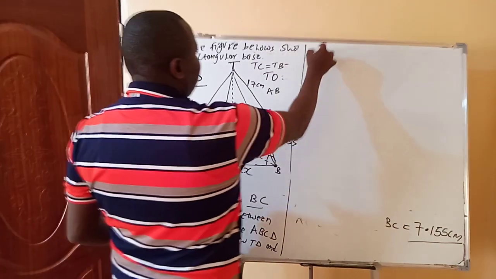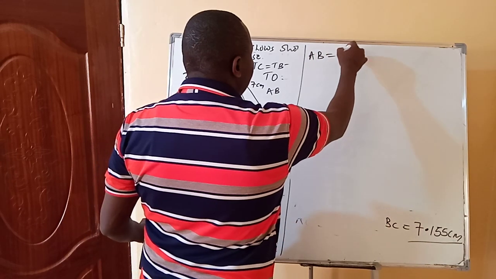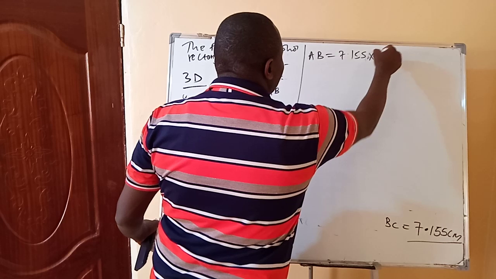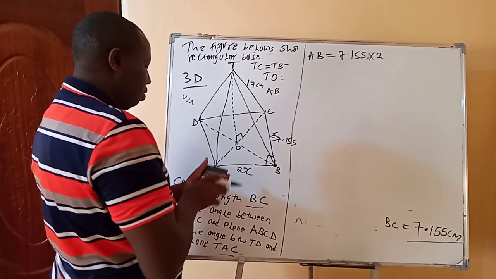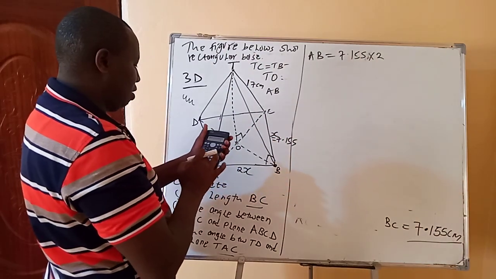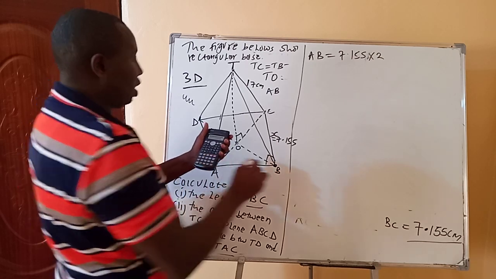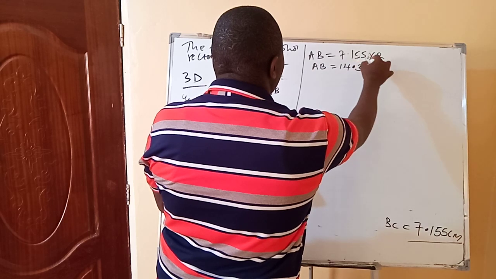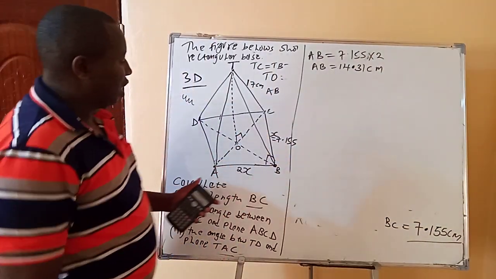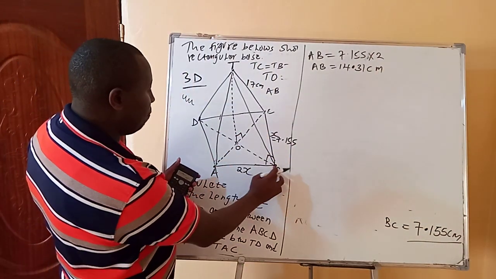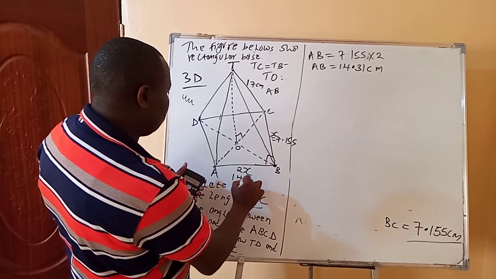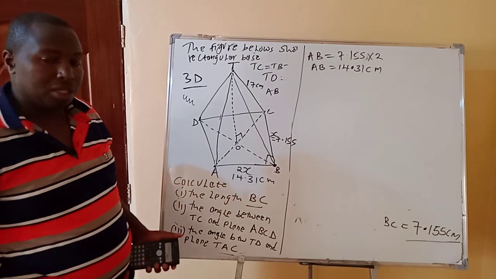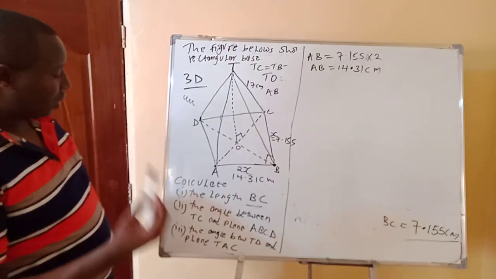We can even note that one first. Our AB will be 7.155 times 2. You multiply that times 2, and you get AB is 14.31 centimeters. So the length of AB will be 14.31 centimeters.